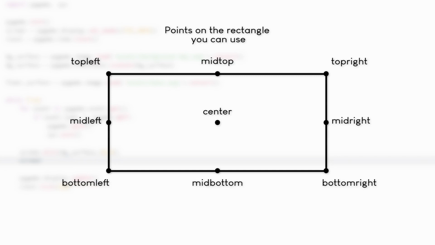And number 2 is that when you place a rectangle on the screen, you have lots of different points that you could place on the screen. Here are all of them. So while we always place the top left of the surface, for a rectangle, we can place the center or the mid left or the bottom right, lots of different points that we can place on the screen. And all of these points have an X and a Y coordinate, so you could literally place them anywhere on the screen.